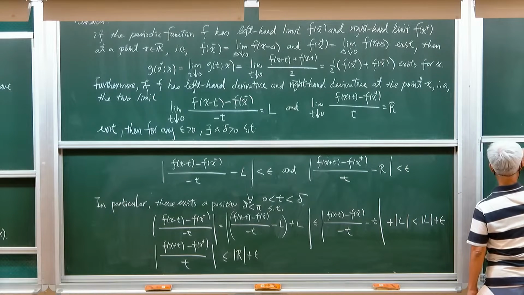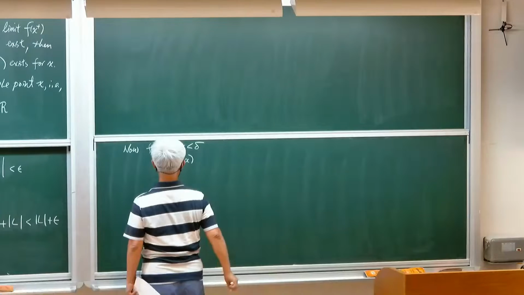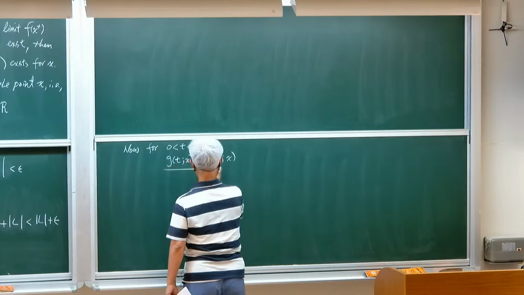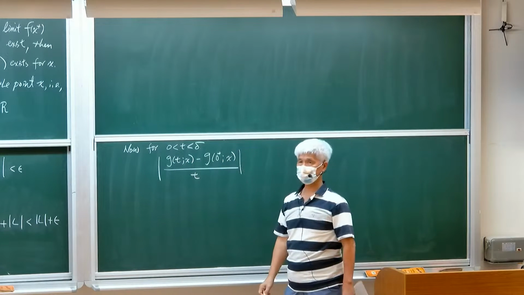Okay, and so now the g_t(x). So now for t in between 0 and delta, g_t(x) minus g_0+(x), divided by t, and we take the absolute value.